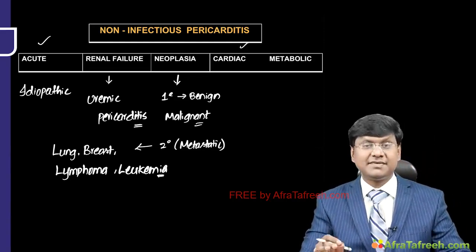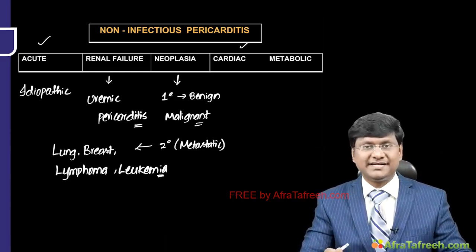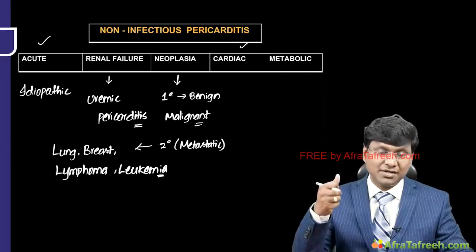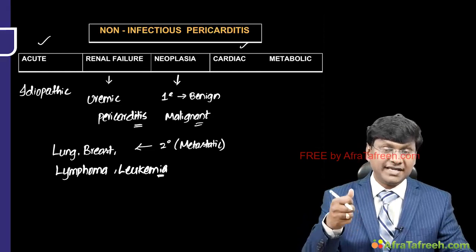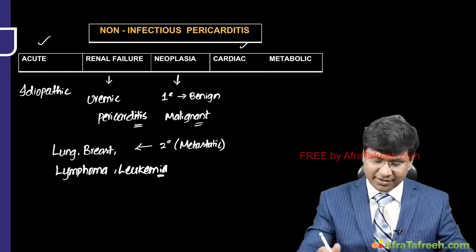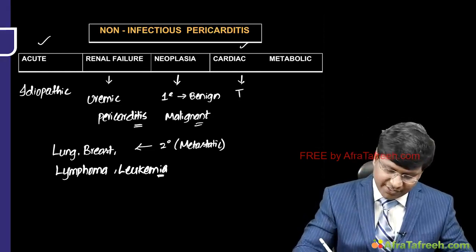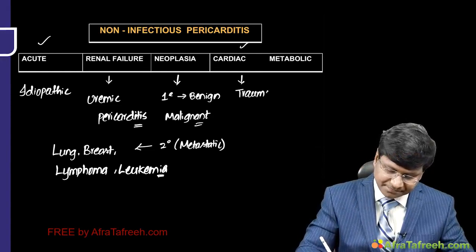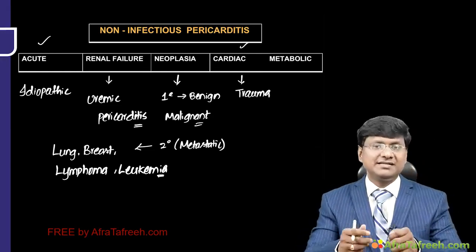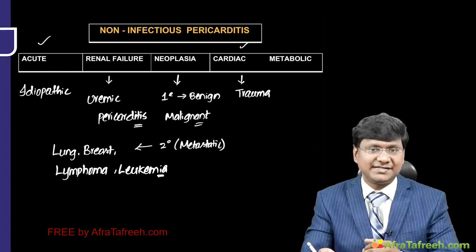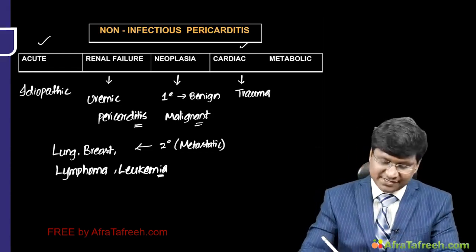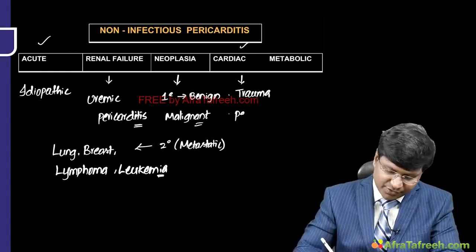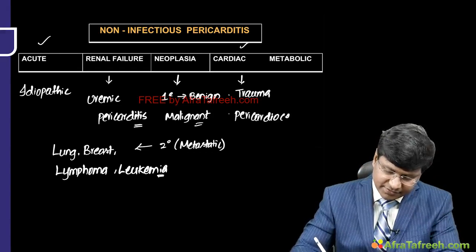And lastly, we have some cardiac conditions which can cause pericarditis, and these mainly include trauma or injury to your pericardium. So one is trauma, or you have done a certain procedure like pericardiocentesis. So even pericardiocentesis can predispose to the development of pericarditis.